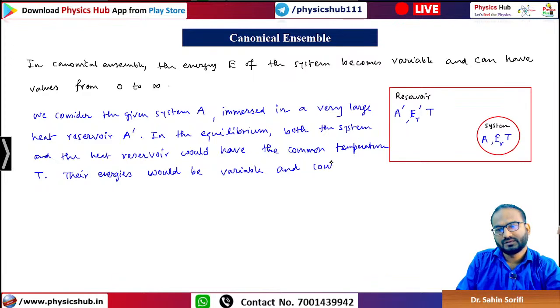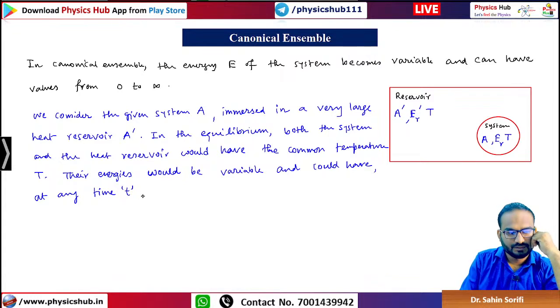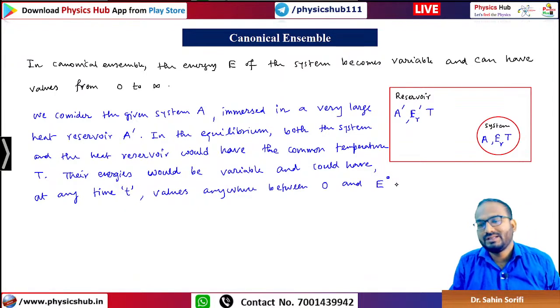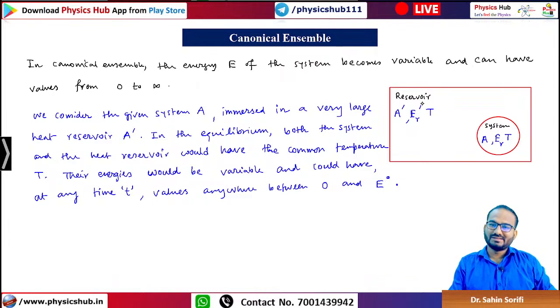They could have, at any time, values anywhere between 0 and E0. Now what is E0? E0 is the total energy of the reservoir and the system.